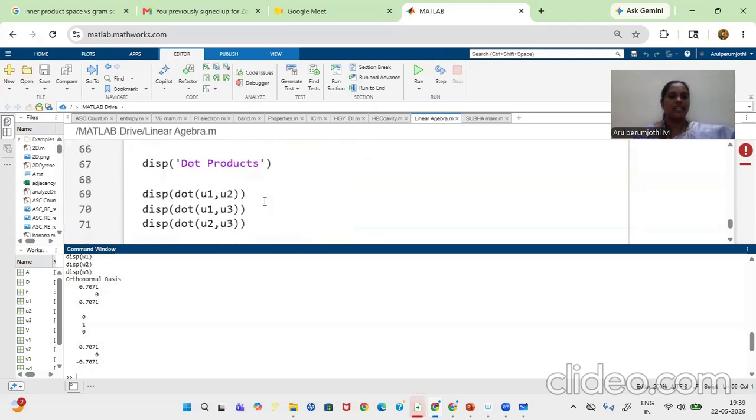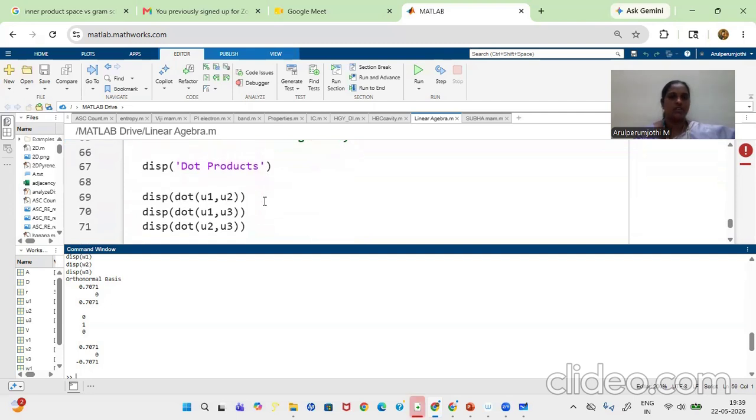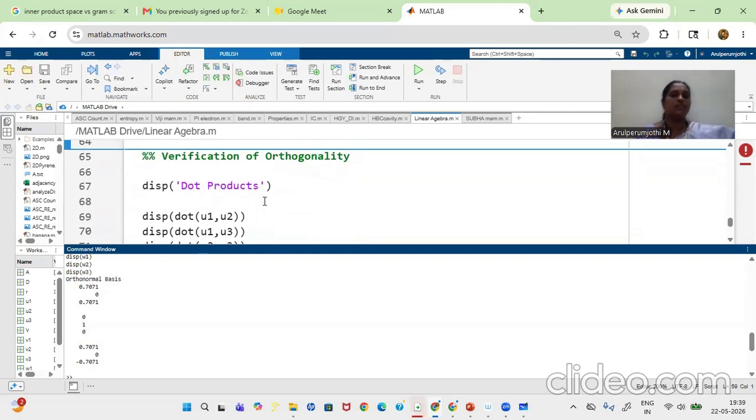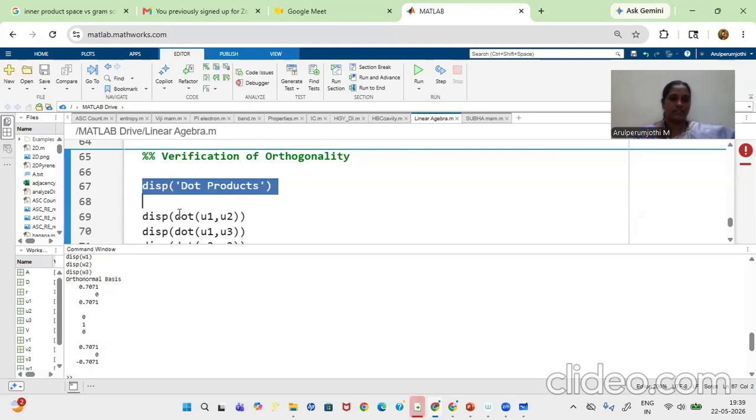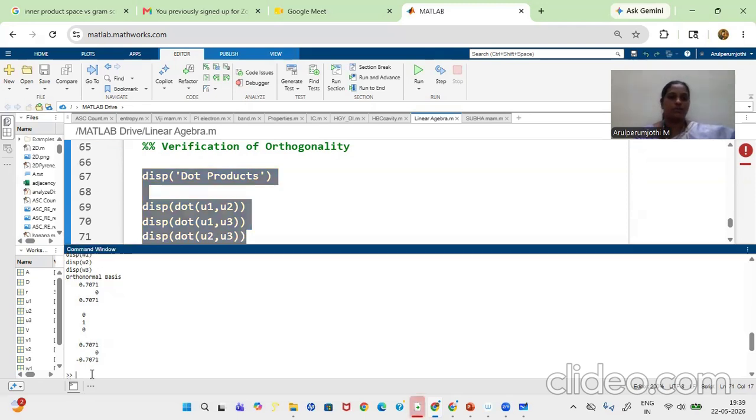To check the verification part, I have already told you: take the dot product of U1, U2. The answer must be 0. If the answer is 0, then your orthogonal bases are correct. To check the verification, use this code, display of dot products: U1 comma U2, U1 comma U3, and then the last one, U2 comma U3.